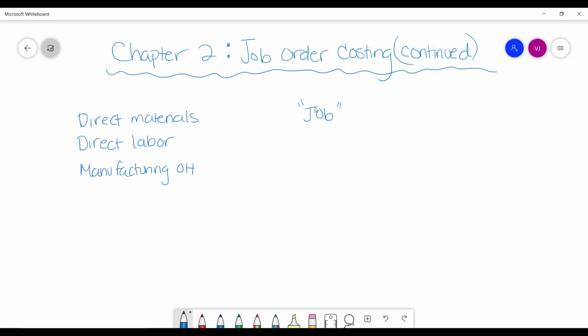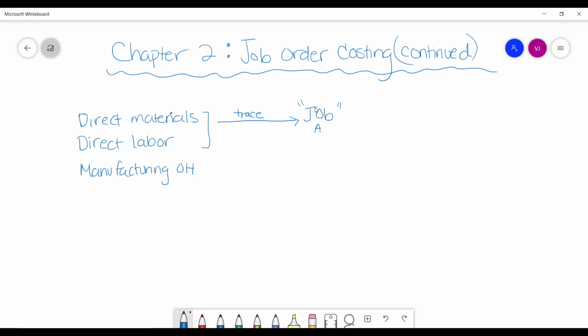Remember that direct materials and direct labor, these are costs that we trace. We trace directly to each job because I should know how many dollars of materials I'm using on this job. Let's call it job A, right?